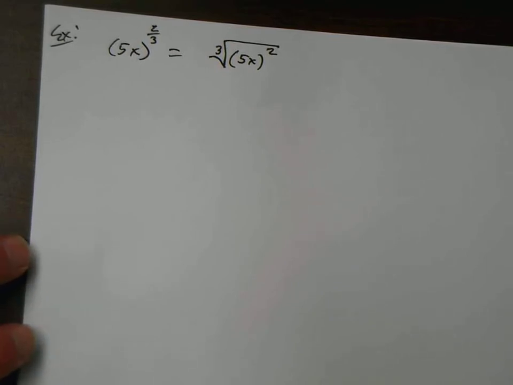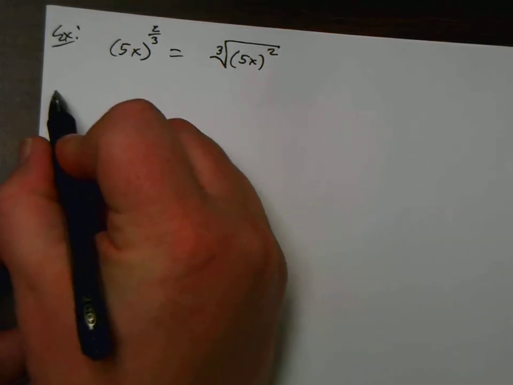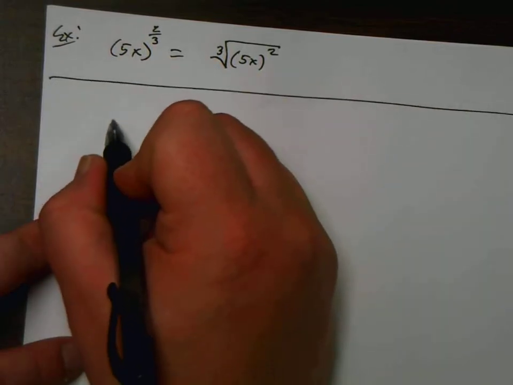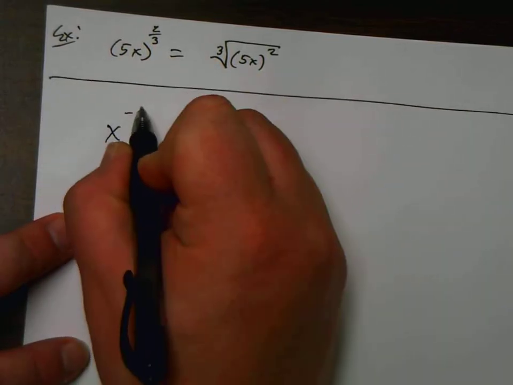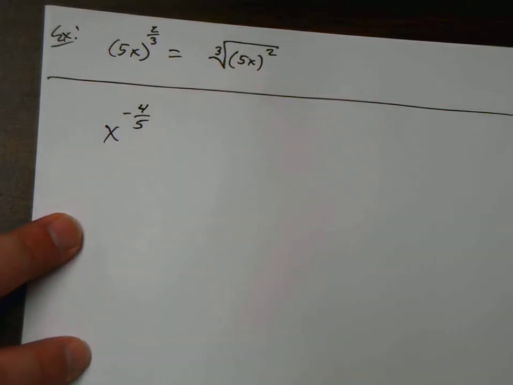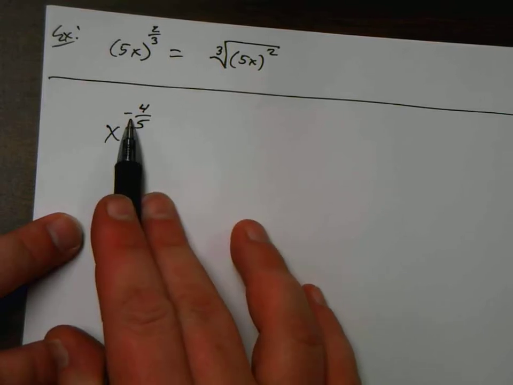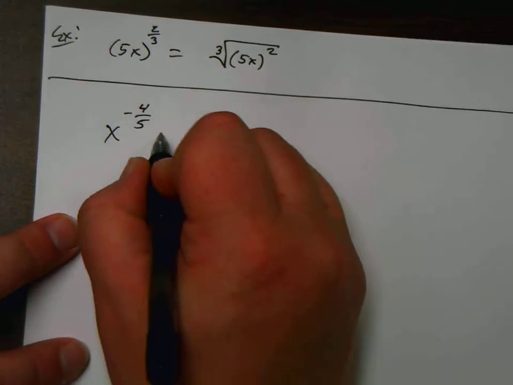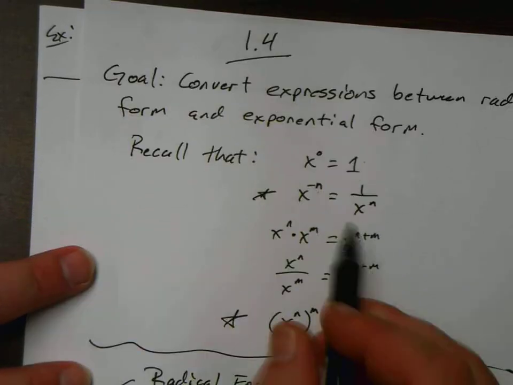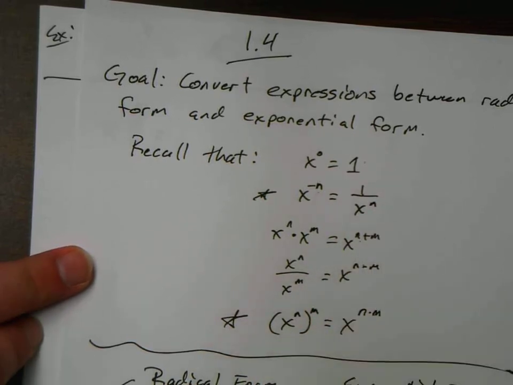Now, let's try one where it's not so friendly. What about x raised to the -4/5? Well, now my exponent here, look, my exponent's negative. And when you have a negative exponent, remember, it goes to the other side of the fraction, and then the exponent becomes positive.